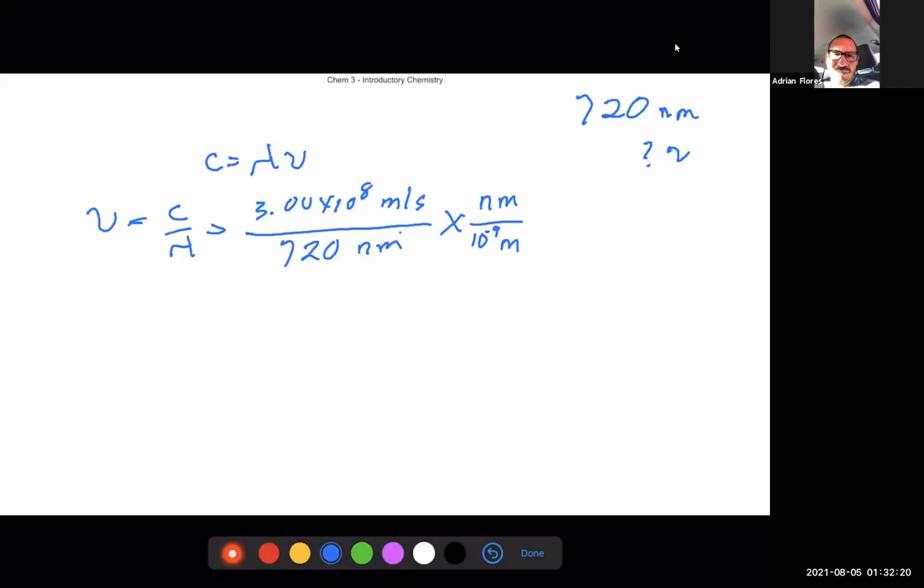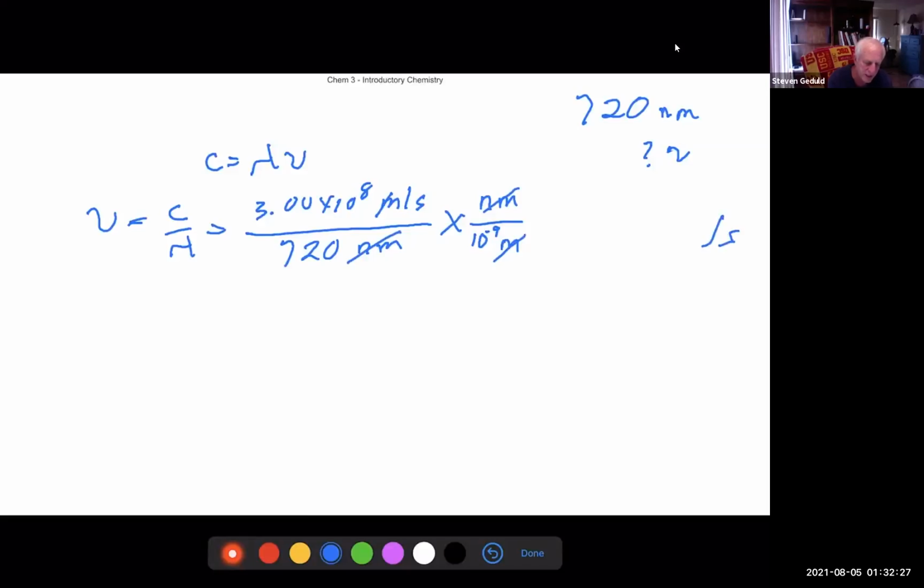So nanometers cancel. Meters cancel. And you're left with per second, and per second is hertz, which is your frequency. This is what you want.